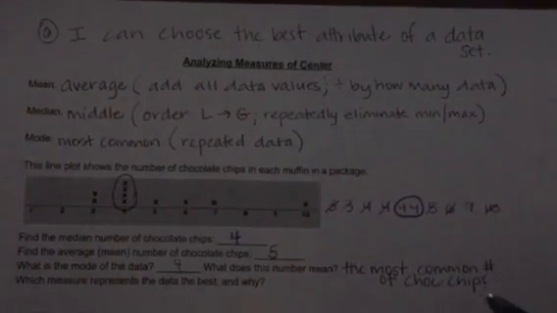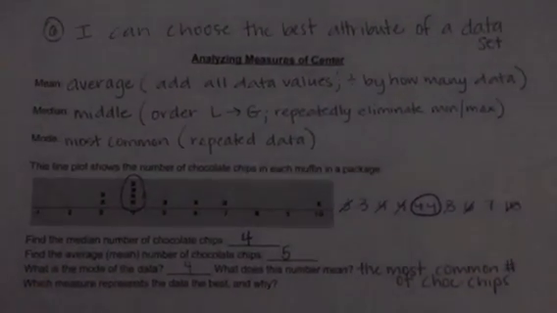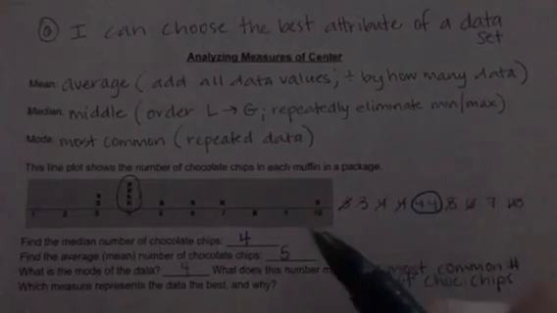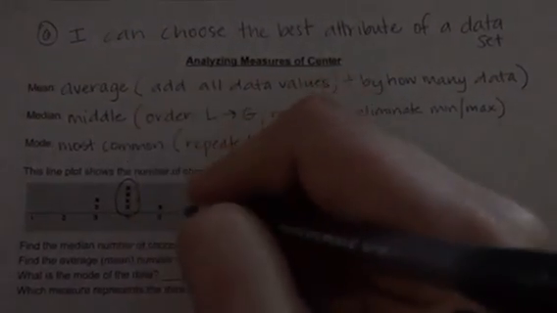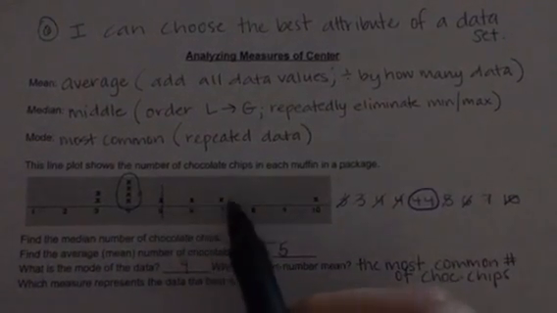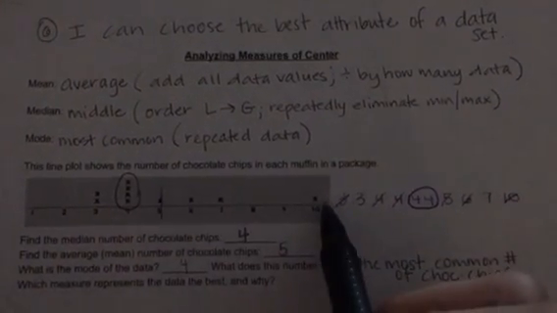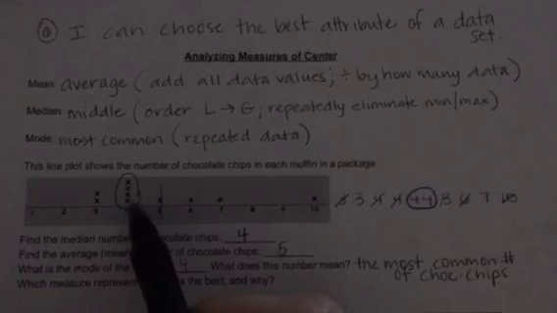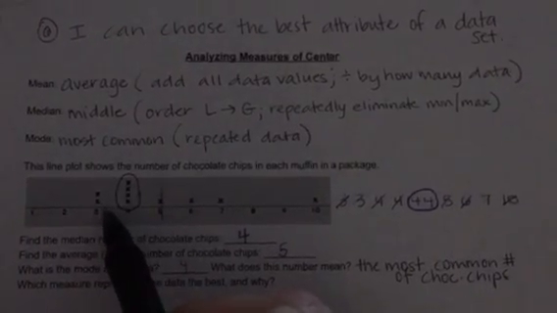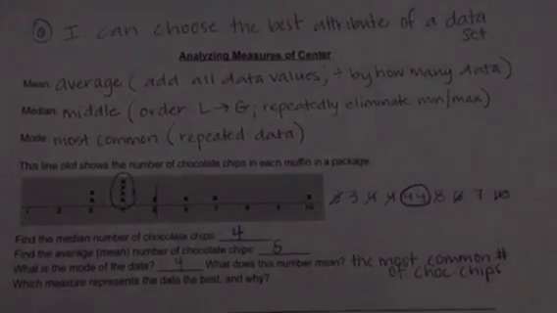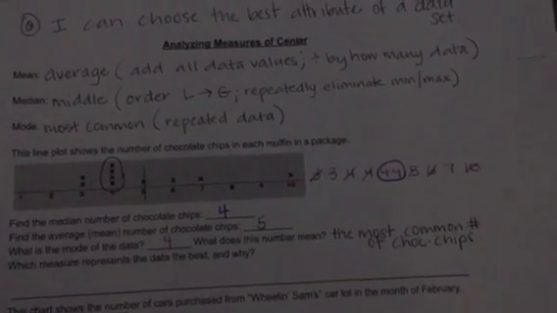Okay? And then it says which measure represents the data the best and why. So if you look at this data, you can see pretty clearly that an average of 5 would be right here. And we only have 1, 2, 3 data points that are over on this side, but on this side we have 1, 2, 3, 4, 5, 6. So remember that the average is supposed to be the balancing point for your data.